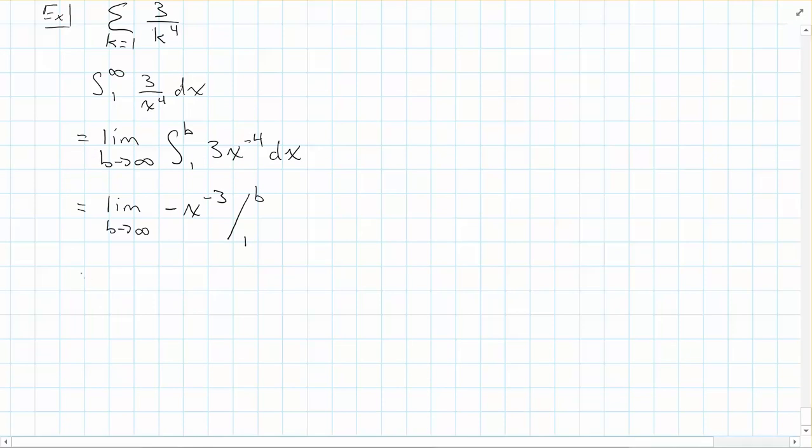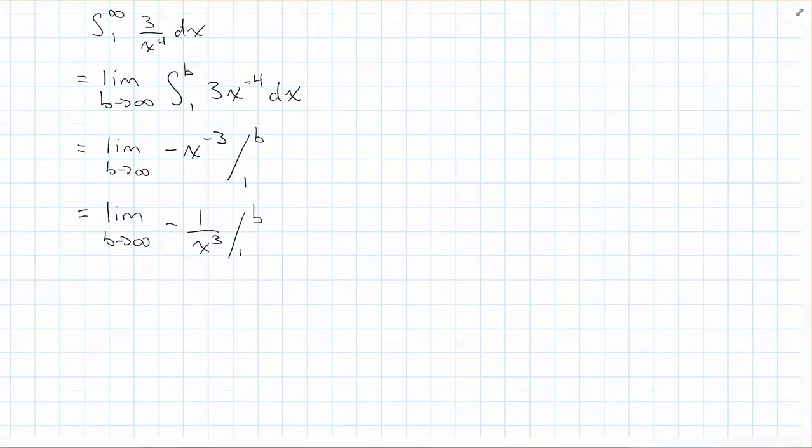Alright, so then this is equal to the limit as b goes to infinity of, I'll go ahead and convert it back here, negative 1 over x cubed from 1 to b.